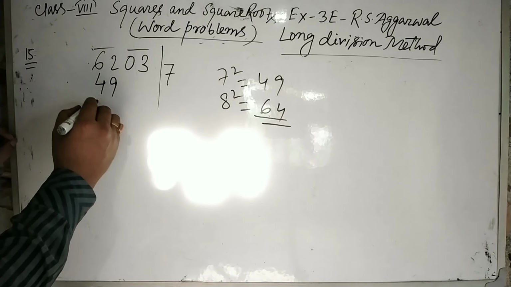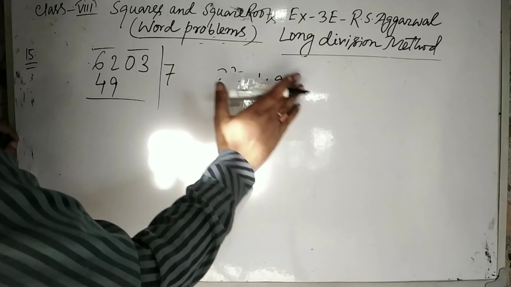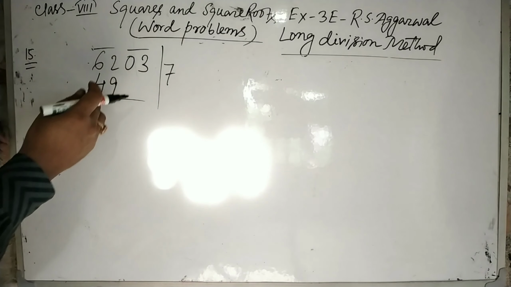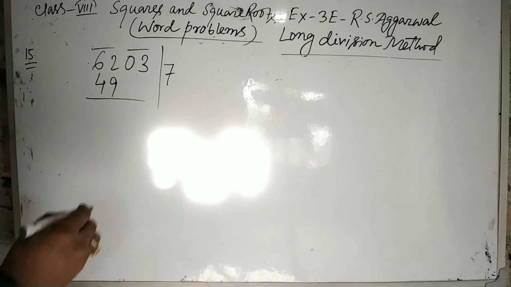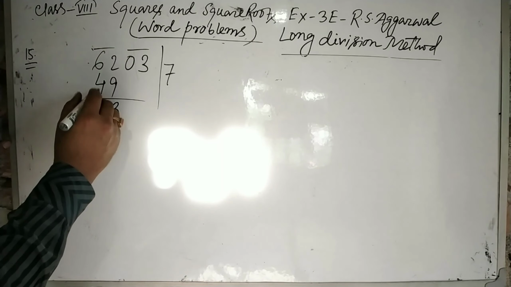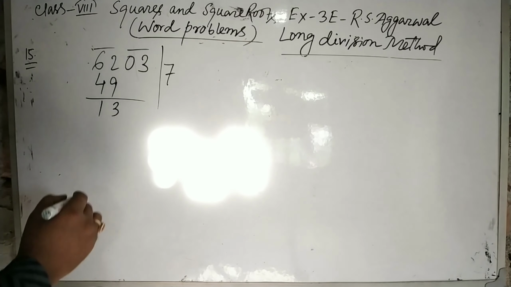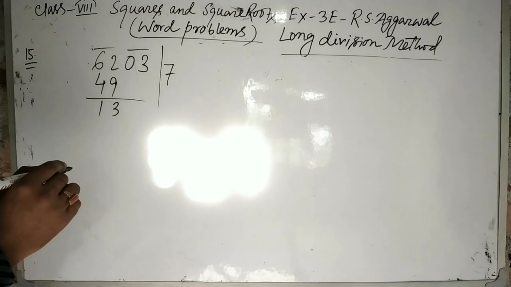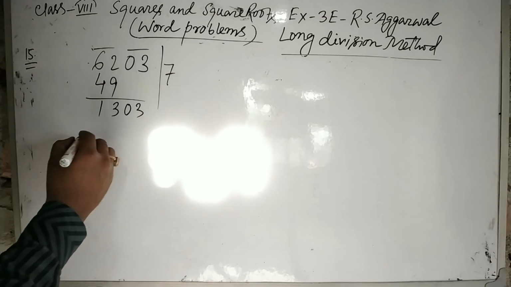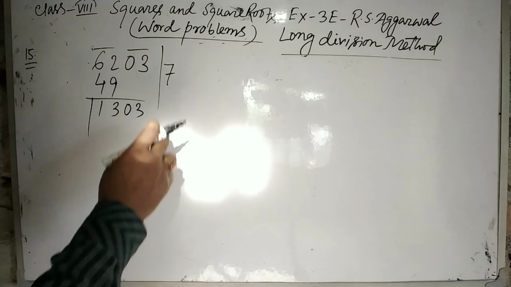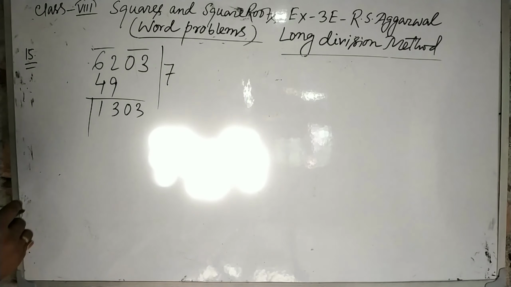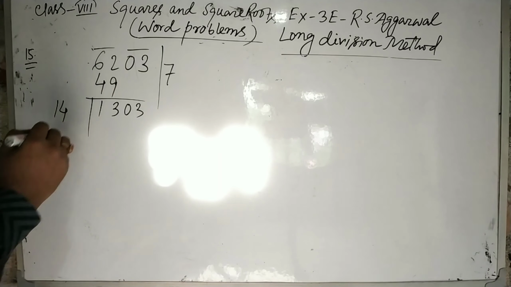Okay, and subtract 49, then 12, 3, 1 in hand, 5, 1, 0, 3. Okay, and twice of 7, that is 14.